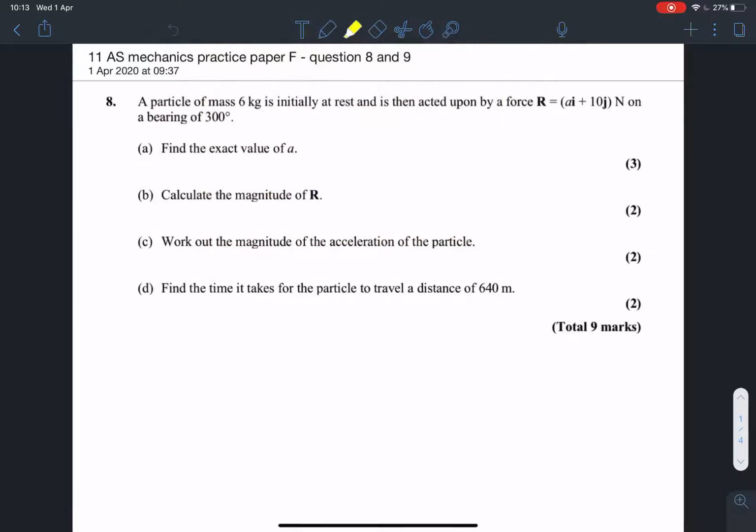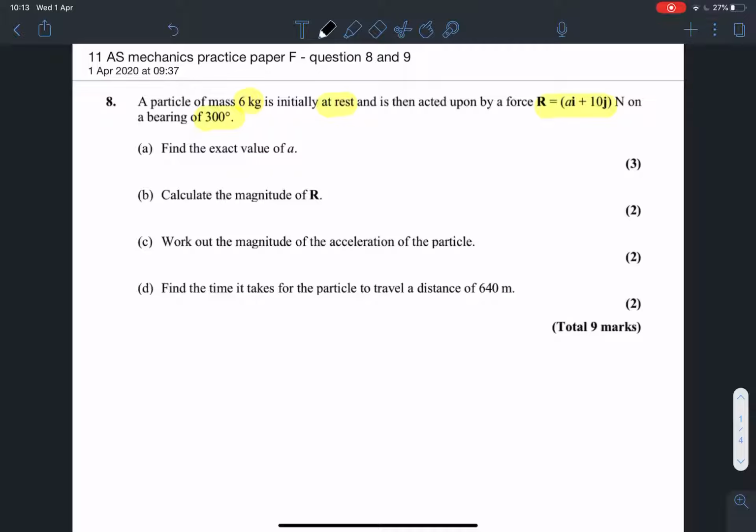So let's read it. A particle of mass 6 kilograms, initially at rest, and a force of Ai plus 10j newtons on a bearing of 300 degrees. That's not a great question because it hasn't defined i and j relative to north.